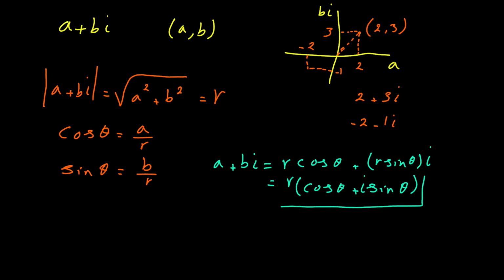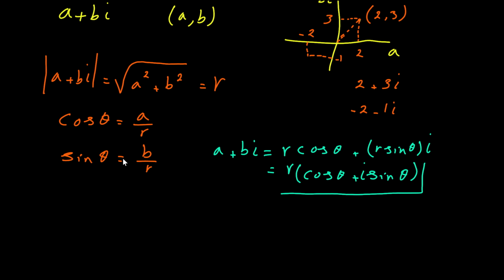Now, this is the sine and cosine, but the easiest way to get the angle: we know that the tangent of theta is sine over cosine. So if I divide sine by cosine here, I will get b over a. And from here, theta is going to be the tangent inverse of b over a. And that gives me theta.